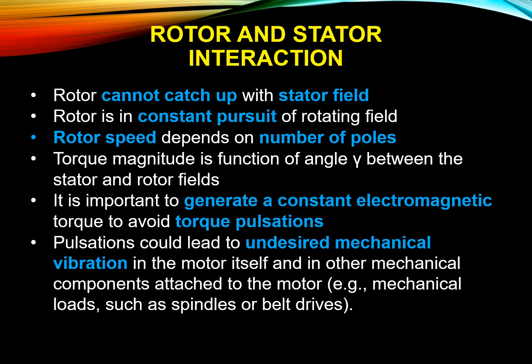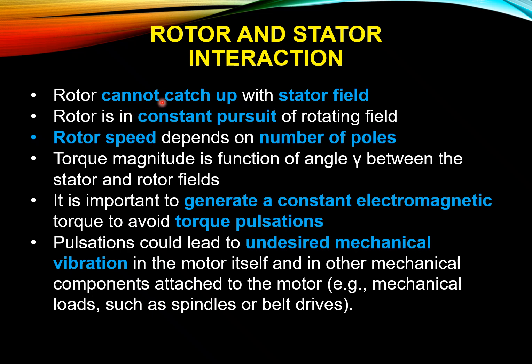Okay, so rotor and stator interaction. As we have understood from the previous slides, the rotor and stator have an interaction. Usually a rotor cannot catch up with the stator field. The stator is not moving, but there will be a rotating magnetic flux generated inside, which will be rotating and automatically drag the rotor to follow.